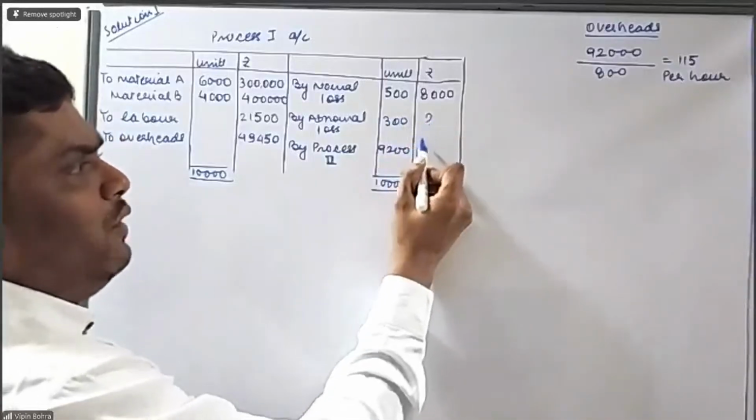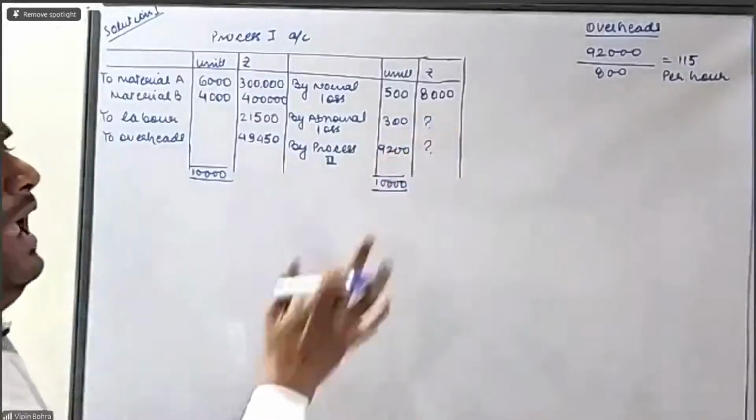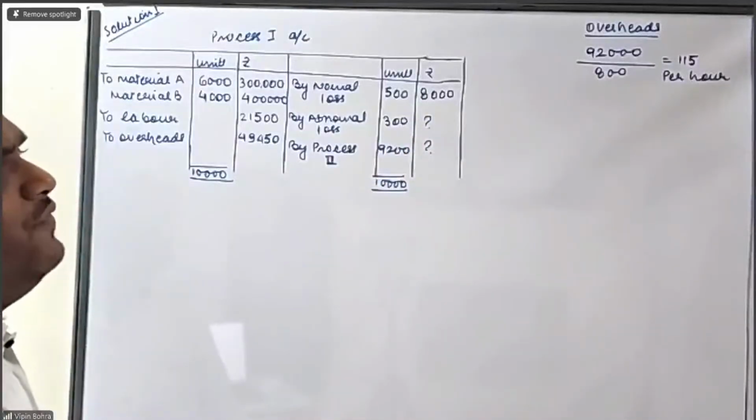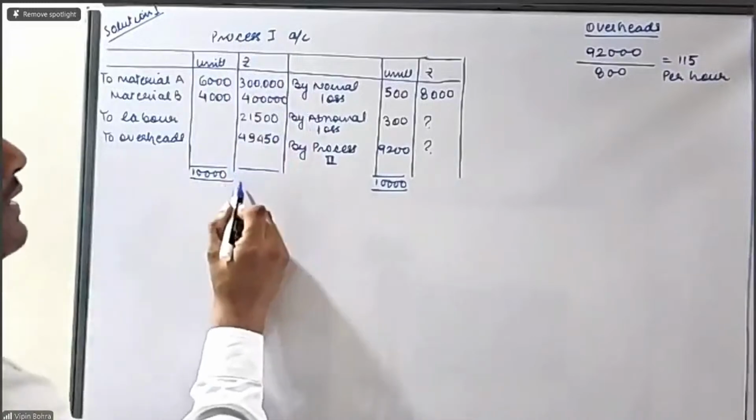Now we need to calculate the value of abnormal loss and the value of units that are transferred to the next process. So again, we will calculate the total cost.